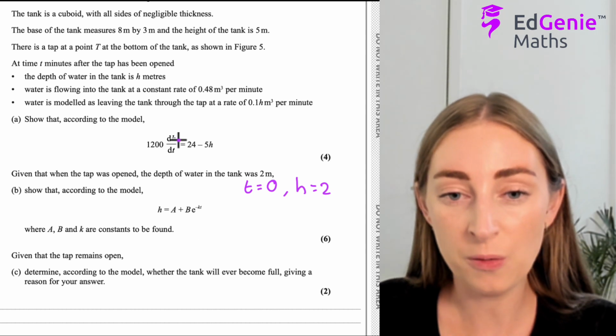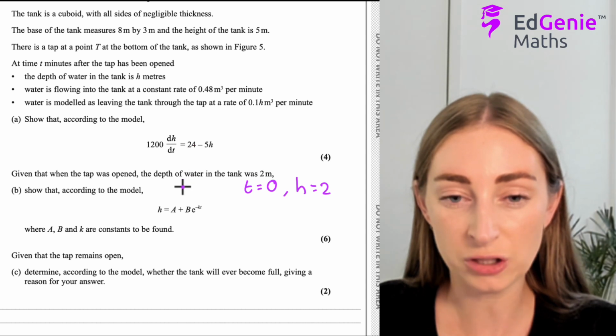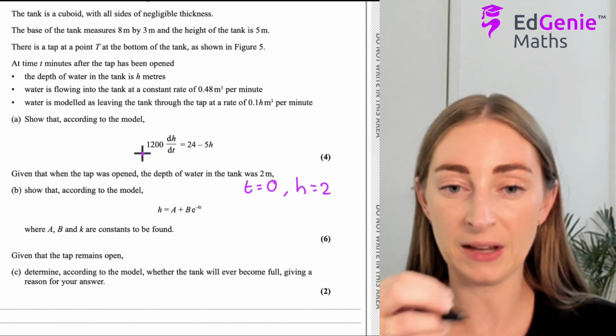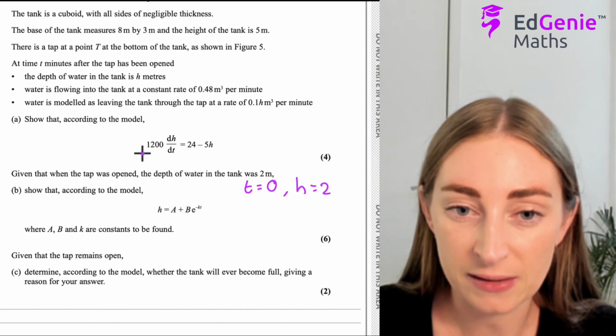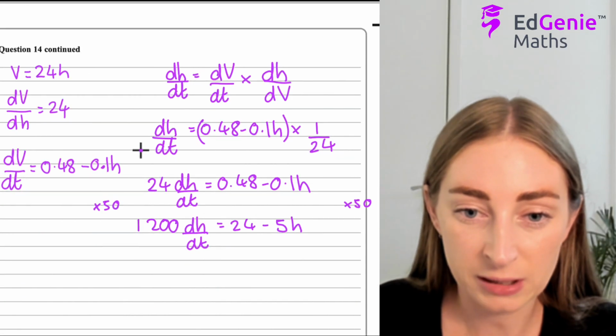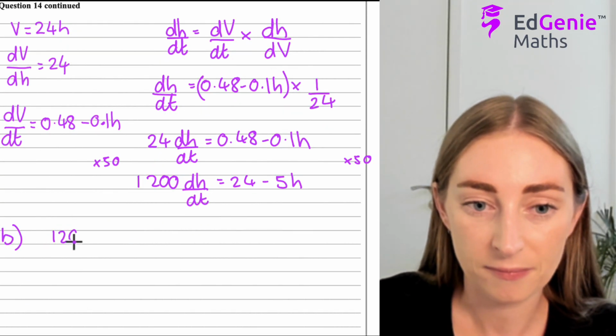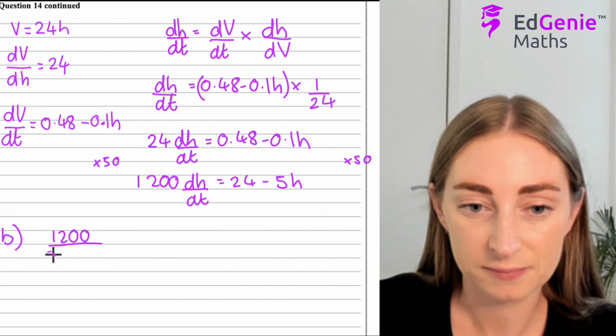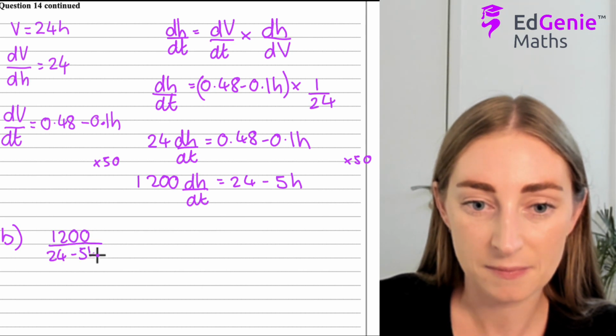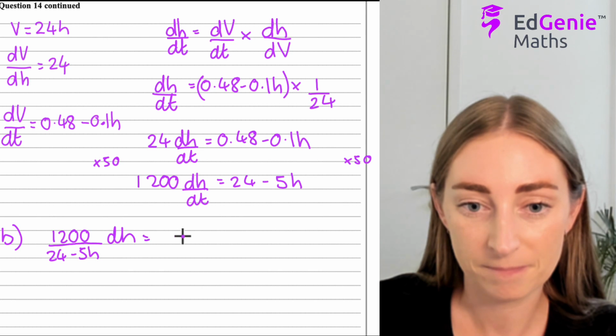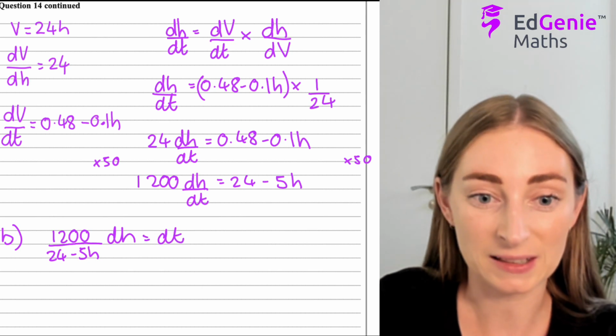But I want all of my h terms at one side of the equation, and then I want dt to be on the other side. So let's rearrange this. Then I can integrate.